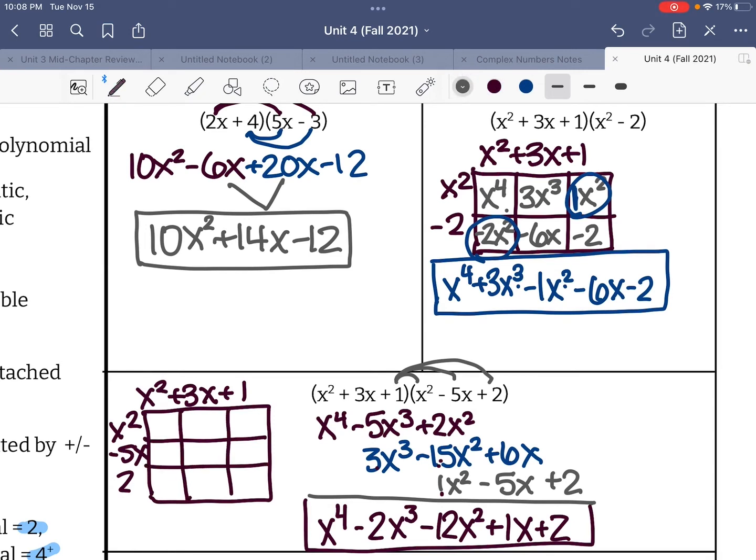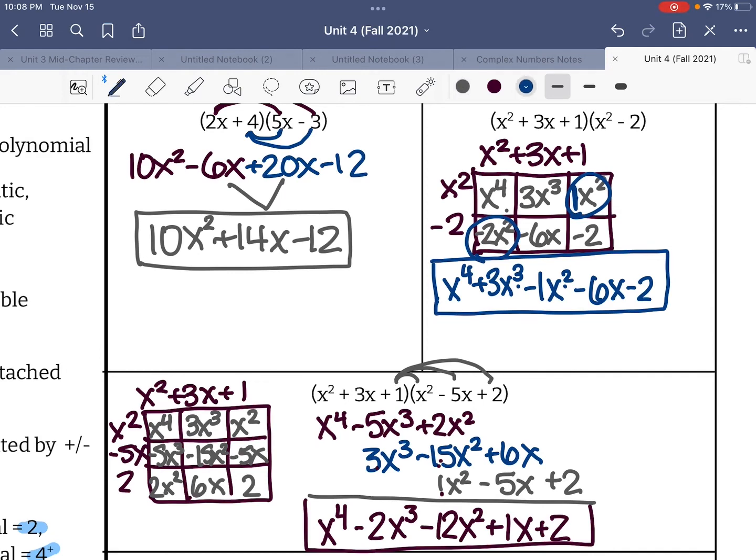And then I would multiply everything together, and I would get x to the fourth, 3x cubed, x squared, negative 5x cubed, negative 15x squared, negative 5x, 2x squared, 6x, and 2. Everything that I just did there is the exact same thing as I got on the other side.